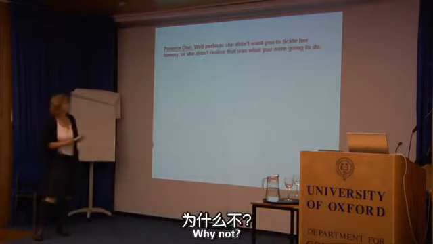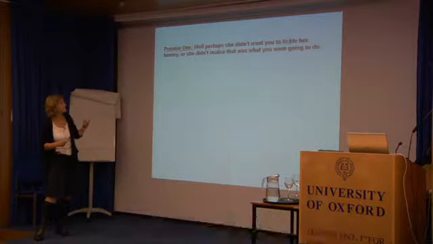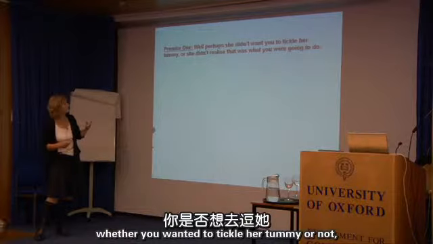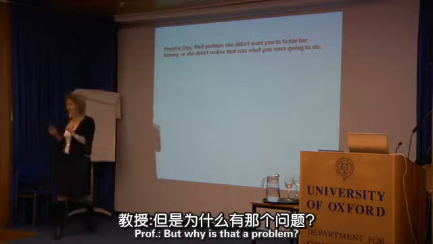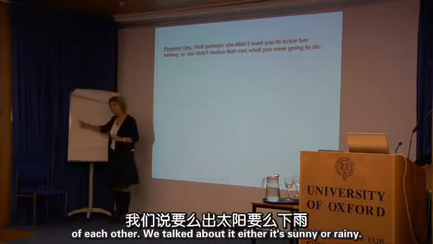Because there's a statement which is she doesn't want you to tickle her tummy. Now, if that is the case, it doesn't matter whether she realised you wanted to tickle her tummy or not. Her reaction was independent of her knowing. But why is that a problem? Because remember here, the two sentences are completely independent of each other.